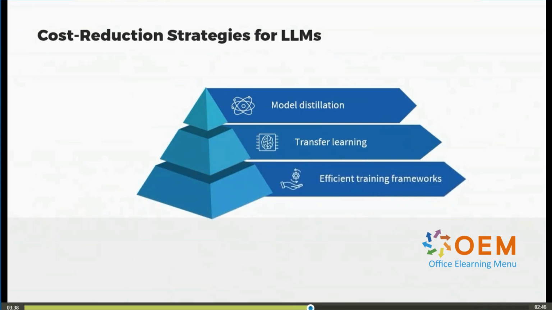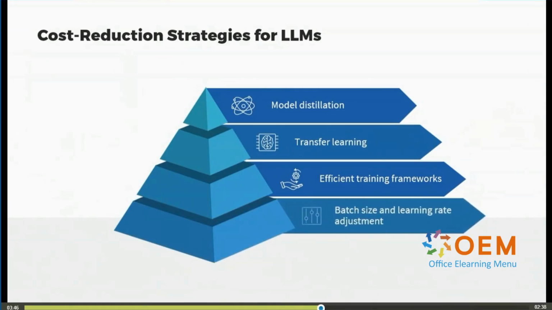Efficient training frameworks. So leveraging optimized frameworks and libraries can significantly lower computational requirements. And batch size and learning rate adjustments. So fine-tuning these parameters helps optimize training, reducing the number of iterations and overall costs.